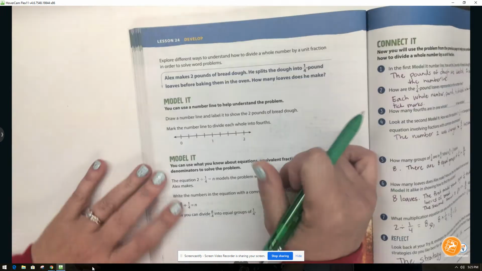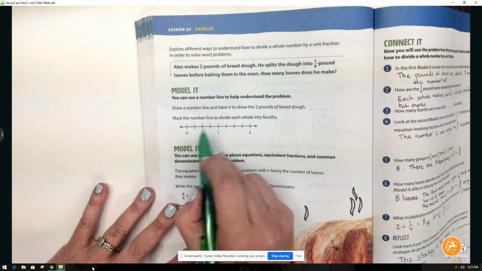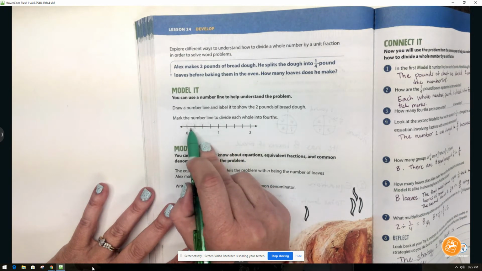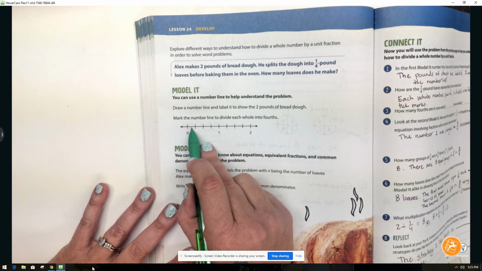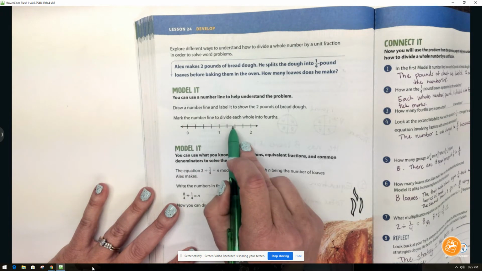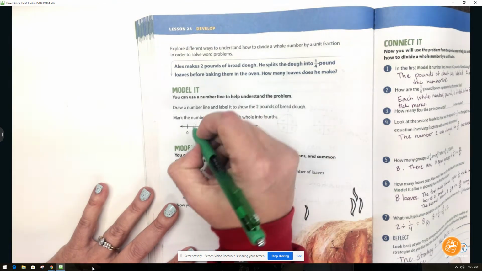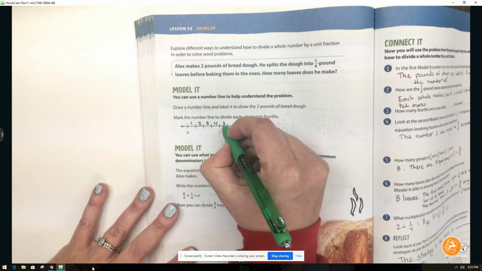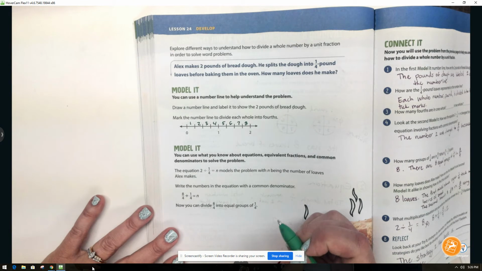We're going to divide each into fourths. If we divide one whole into fourths, we need to draw 3 lines to create 4 sections. So we have 4 sections in one loaf, and 4 sections in 2 loaves, which means 8 loaves altogether. So 1, 2, 3, 4, 5, 6, 7, 8 loaves of bread.